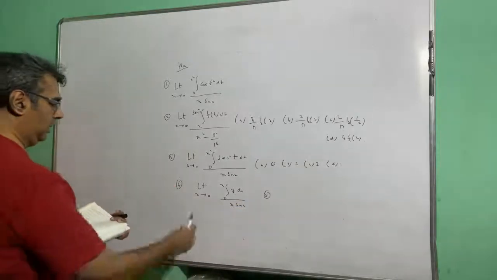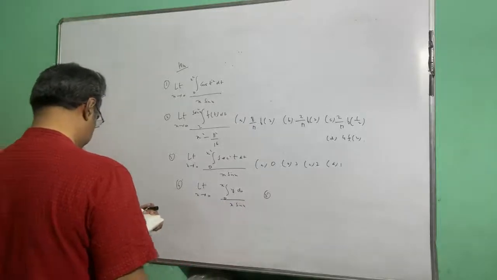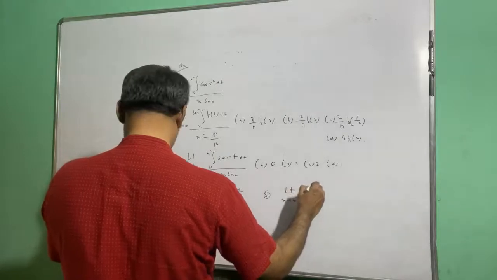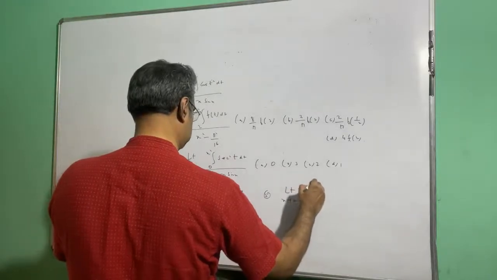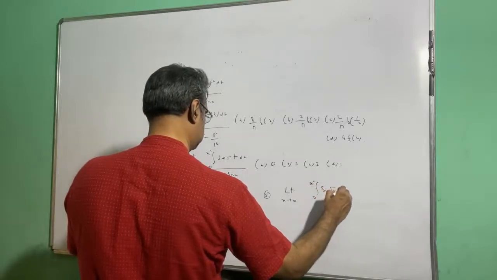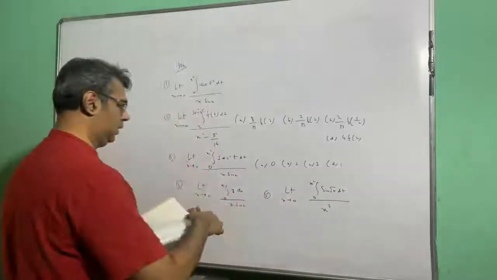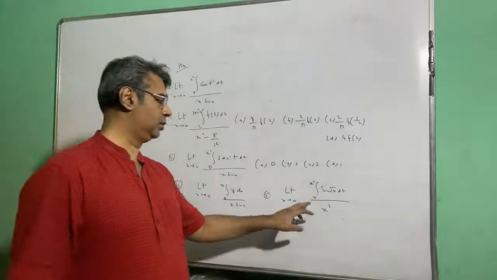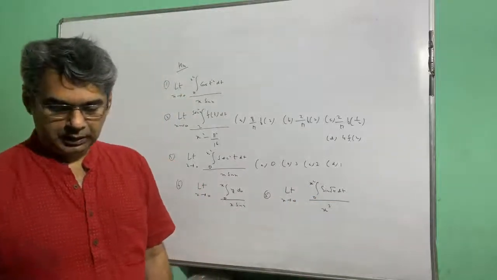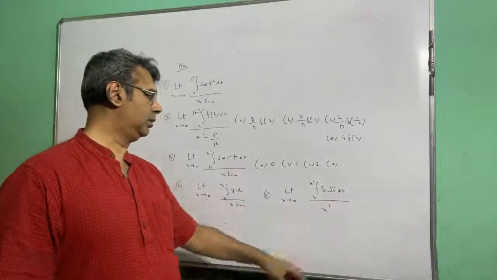Question number 4: the limit as x tends to 0 of the integral from 0 to x of y dy, divided by x sin x. And question number 5: the limit as x tends to 0 of the integral from 0 to x square of sine root t dt, divided by x cube.